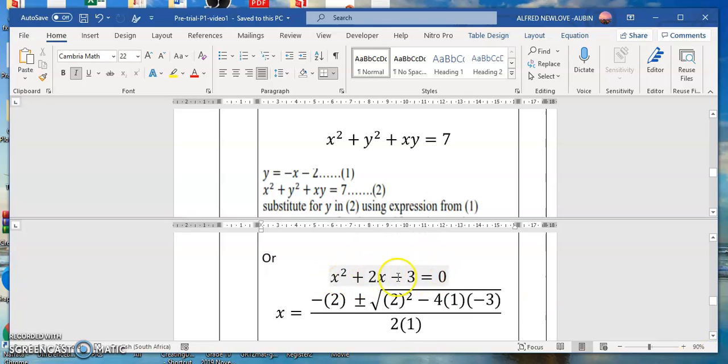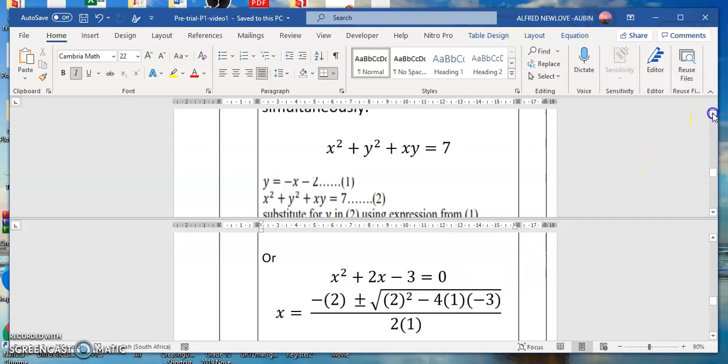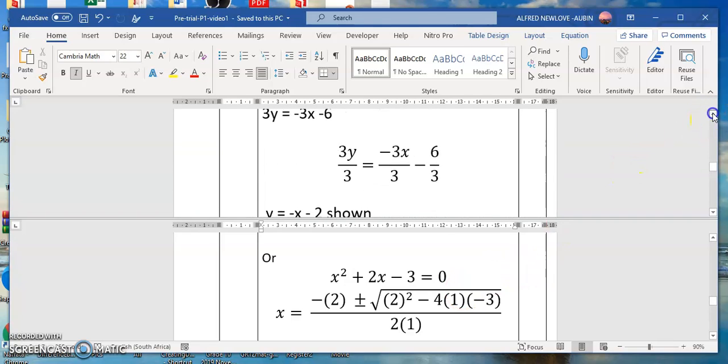So this is the quadratic equation. Then you substitute it into the formula. Remember, our formula was minus b plus or minus the square root of b squared minus 4ac, over 2a. Alright, let me show you the formula. It's at the top here.